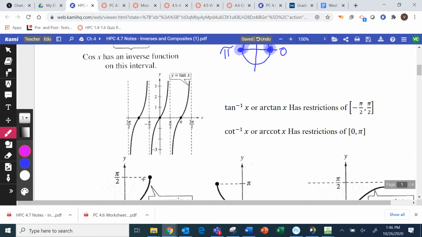And then tangent, this is a graph of tangent. Same thing if I did a horizontal line, we'd have an issue where it would cross it more than once. So for tangent, we are going to use just one little section of tangent. And the section that has been chosen is from negative pi over 2 to positive pi over 2, which visually is from here to here.